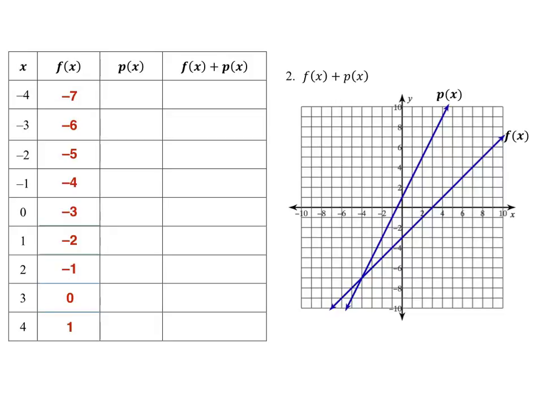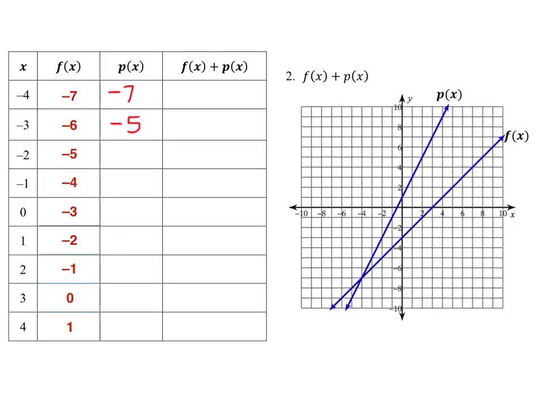Number 2 is pretty much the same thing. F of x is the exact same graph that we had before, so I already have my y values filled in. I'm going to do the same thing for p of x. When x equals -4 on p of x, y equals -7. When x equals -3, y equals -5.